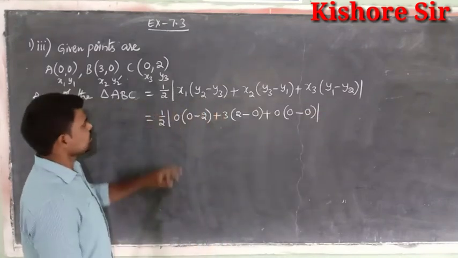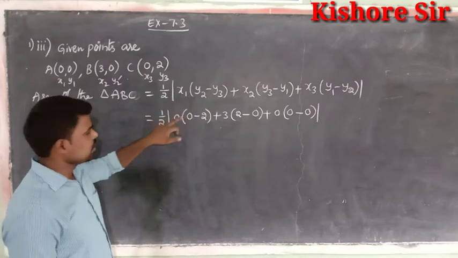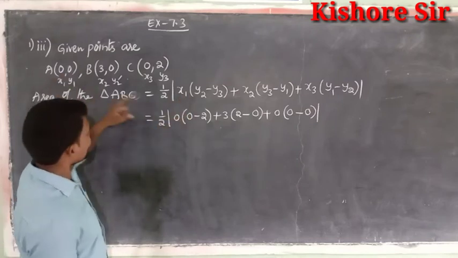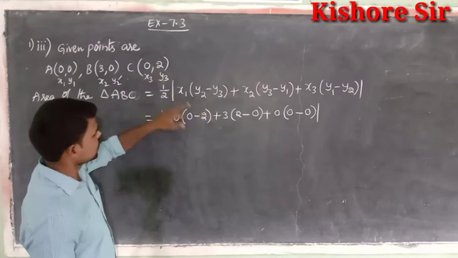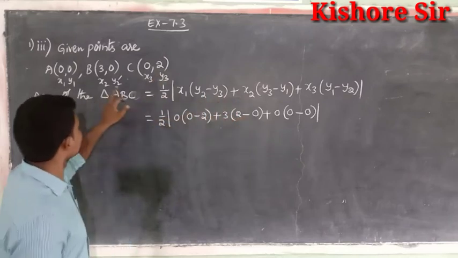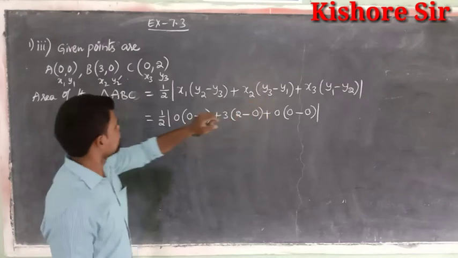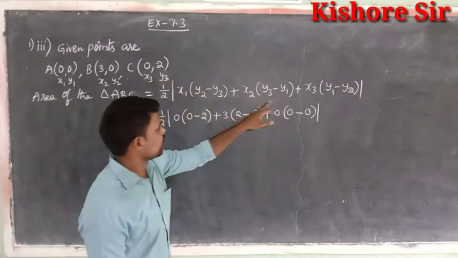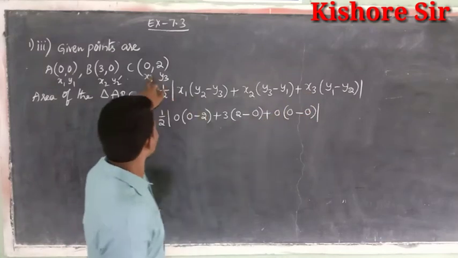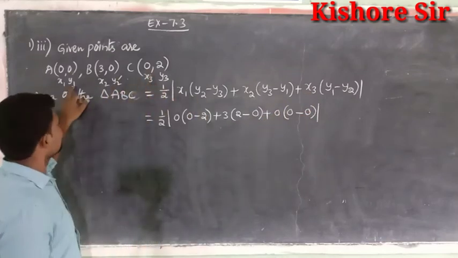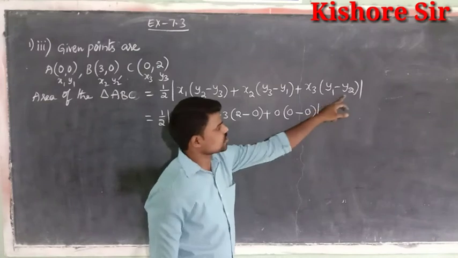Check once again: x1 is 0, y2 0, y3 2, x2 3, y3 2, y1 0, x3 0, y1 0 and y2 is also 0.